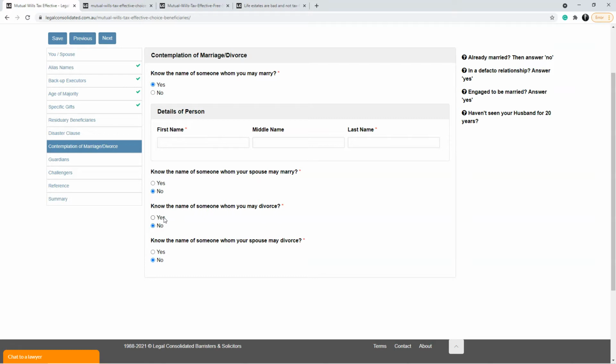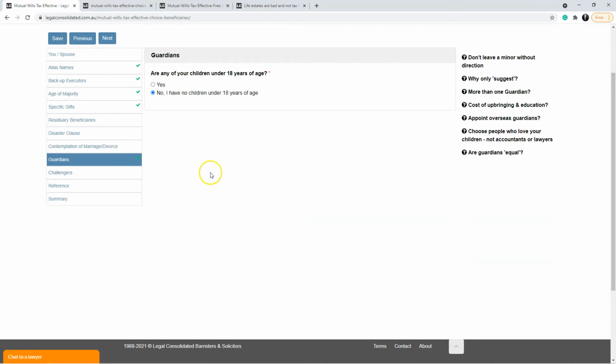You prepare a will. If divorce papers are now served on your wife and she does get a divorce, her will in most states is now nullified and void, in which case she should have pressed yes and typed the name of her old husband that she hasn't seen for 40 years. It's very rare that you need a contemplation of marriage or contemplation of divorce clause.